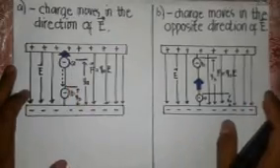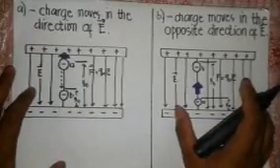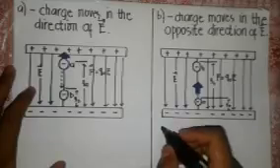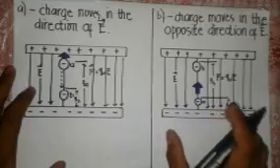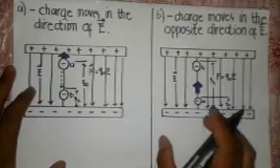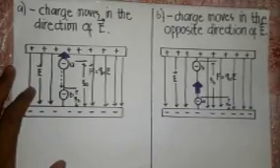Now for the negative charge that moves opposite the direction of our electric field, our field does a positive work on the negative charge, but then our potential energy decreases.